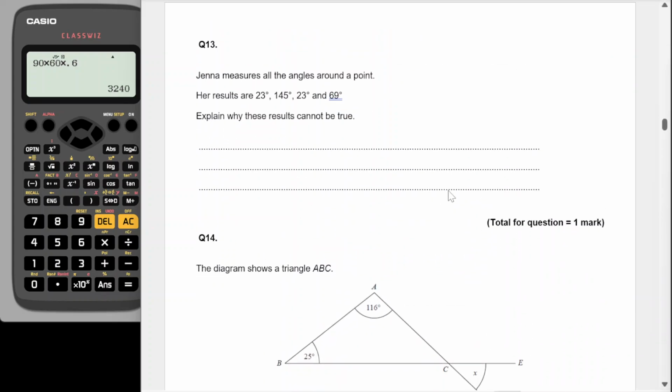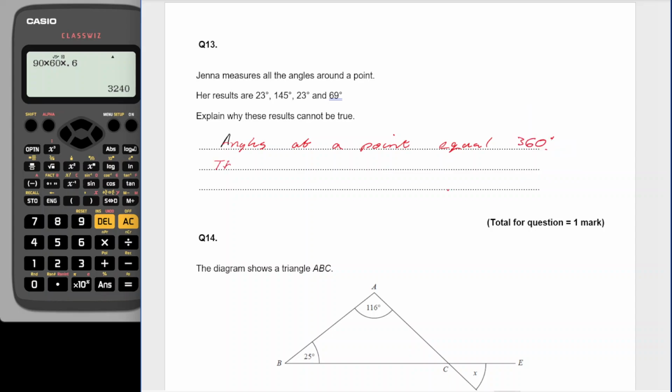Question 13. Jenna measures all the angles around a point. Her results are 23, 145, 23 and 69. Explain why these cannot be true. So angles at a point equal 360 degrees.